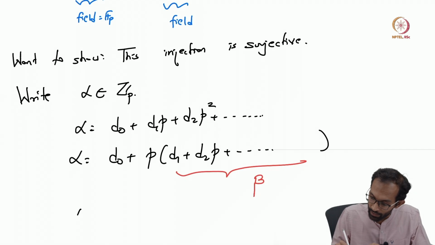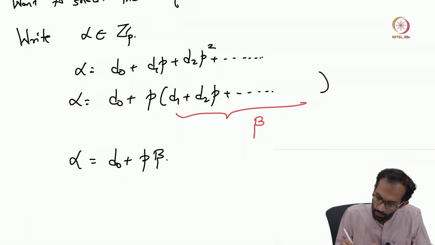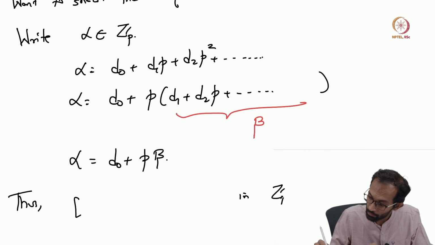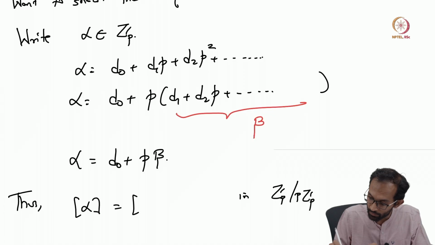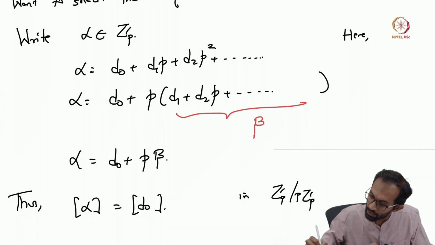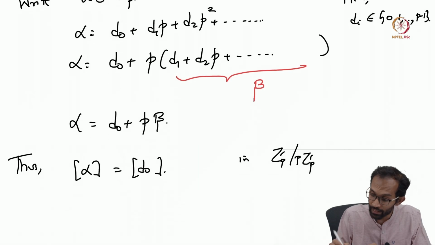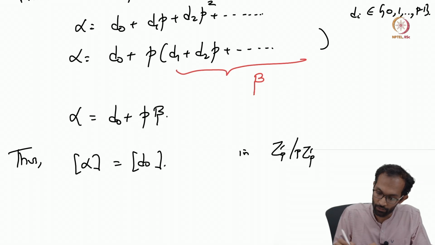So in short, alpha is d naught plus p times beta. Thus inside Zp mod pZp, the class of alpha equals the class of d naught. Here these digits di belong to 0, 1 up to p minus 1, and in particular the class of alpha is given by the class of this integer d naught.